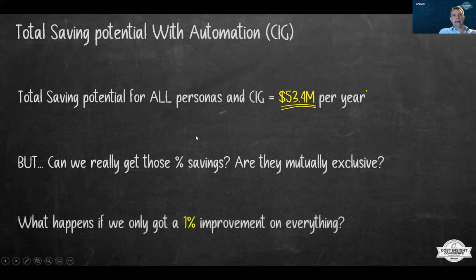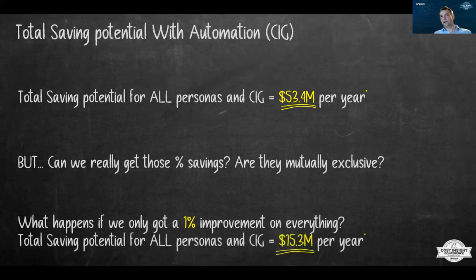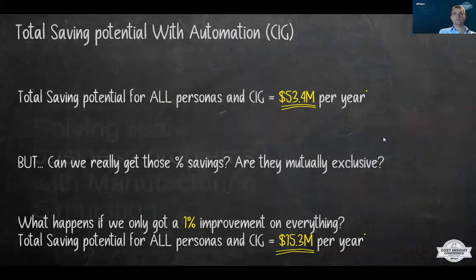Even if everything only had a 1% improvement, and everything I just talked about, we only found 1% in every scenario, that's still worth 15.3 million a year. And I don't believe for a second there's an organization out there that's not interested in making that kind of impact. And we can do that with the insight and the automation.